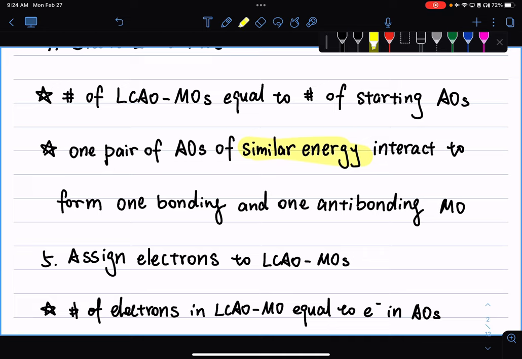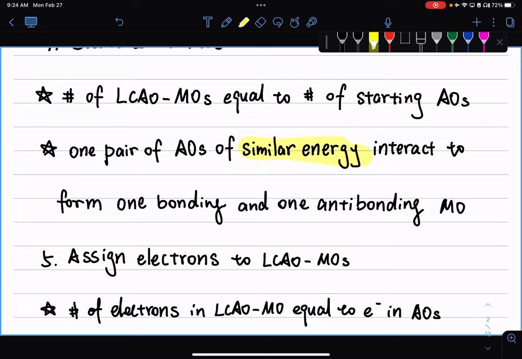Yes? What do we do with the pi non-bonding? Like the pi y non-bonding, what do you do with the atoms? Yeah, so what's the question here? Why would this be in the bottom and not in the top? So for the non-bonding molecular orbitals, they're called non-bonding. They're not interacting with any of the chemical bond. The energy level just stays where it is.